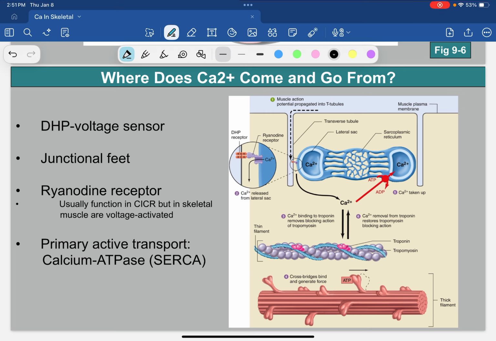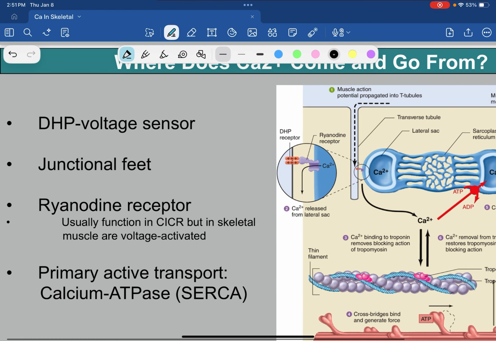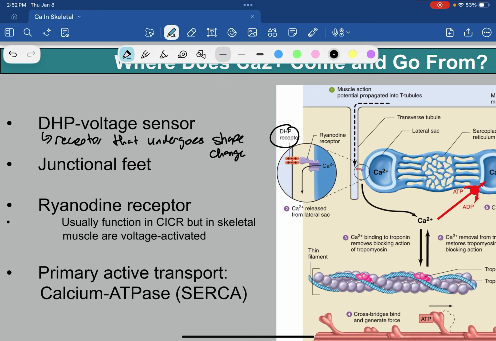So we have our DHP voltage sensor. That is going to start right here, our DHP voltage sensor. This is a receptor that undergoes a shape change when there's a change in voltage, which is why there are these positive marks right here.